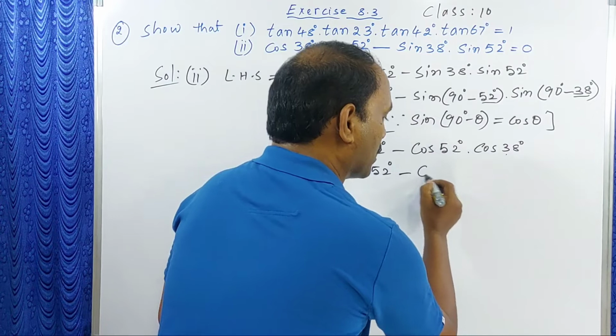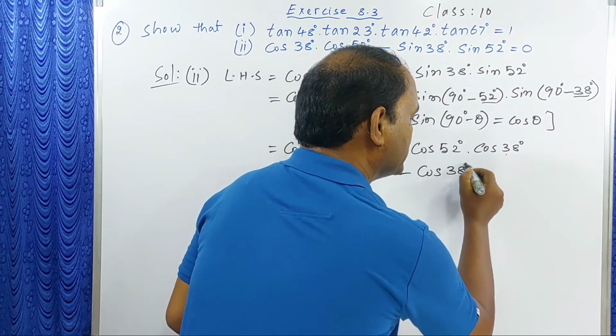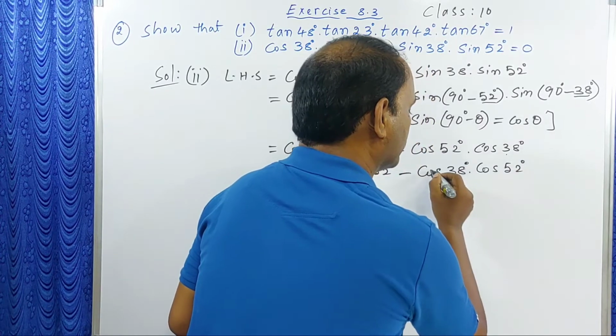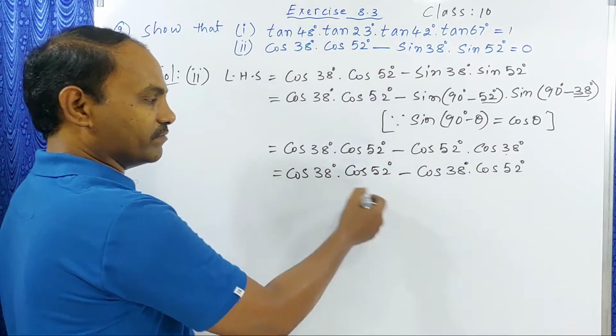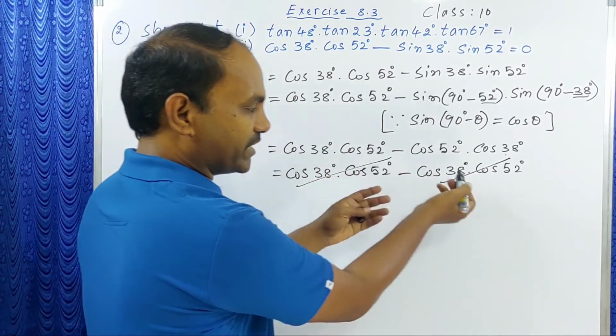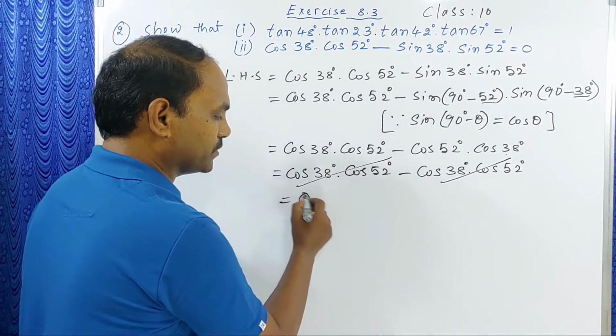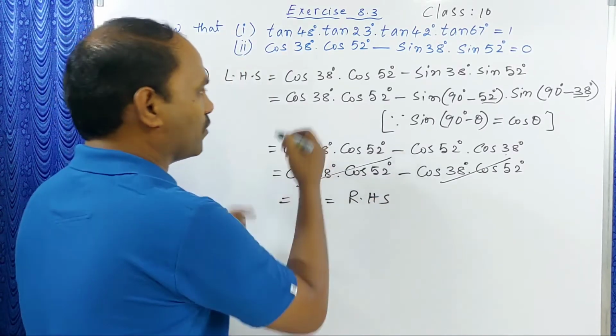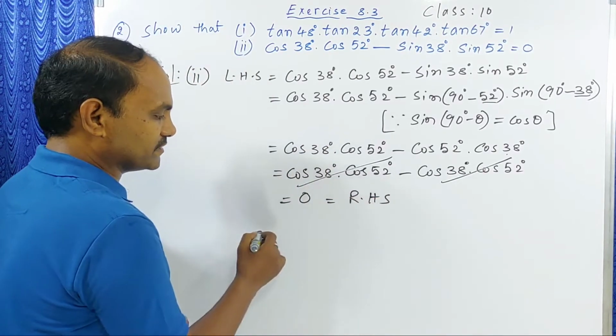Now cos 38 degrees into cos 52 degrees, check both are same. So this one cancels, this one minus that one is 0. This one is RHS. Is it understood? Now LHS equals RHS.